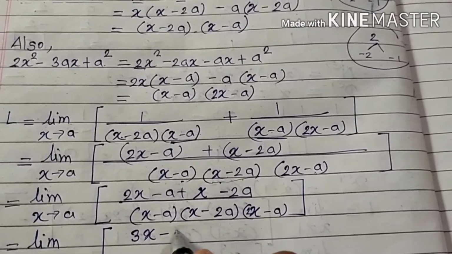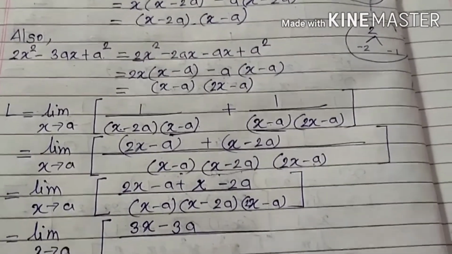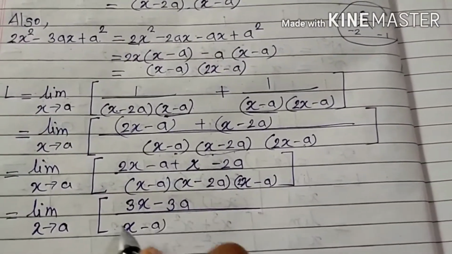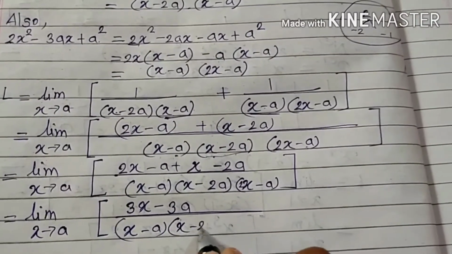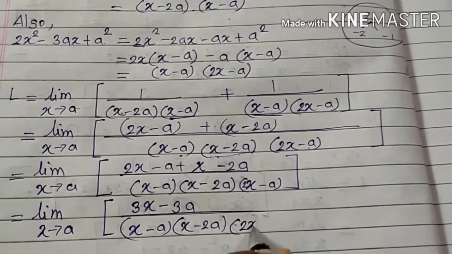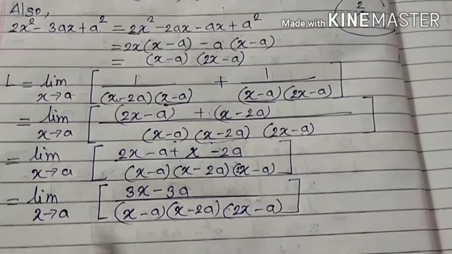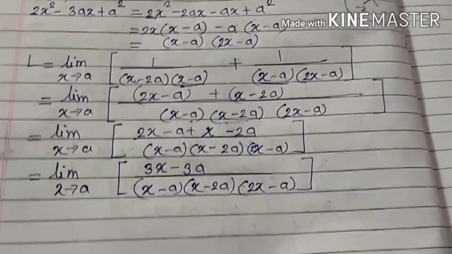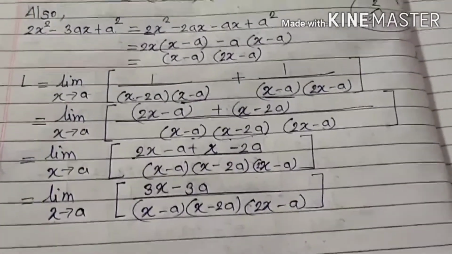So it is 3x minus 3a. It is x tends to a, means you have to remove the x minus a factor.